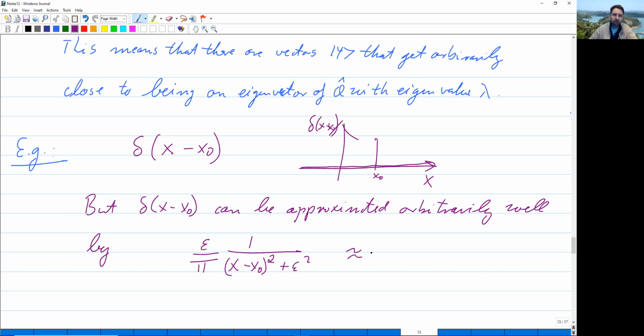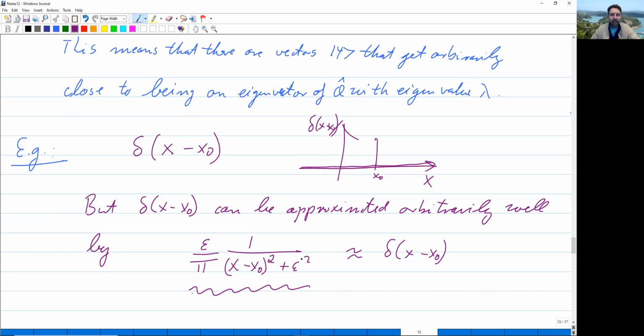This is approximately delta of x minus x naught. If you let epsilon go to 0, this becomes arbitrarily close to the Dirac delta. But this thing here is square integrable. It's normalizable because it decays like 1 over x squared. This thing is normalizable, that thing is not.